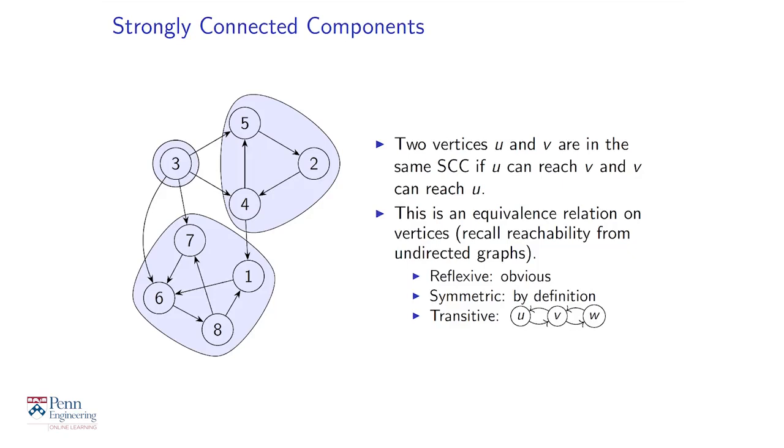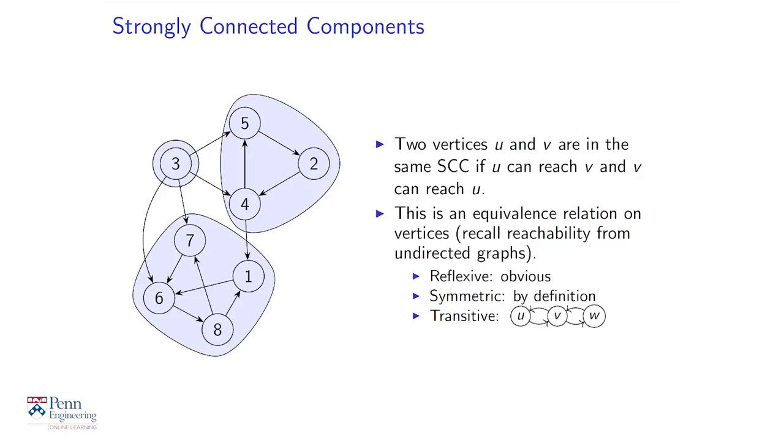So when these three things happen, when a relation is reflexive, symmetric, and transitive, we call it an equivalence relation, and it basically divides the objects on which the relation is defined, in this case the vertices of the graph, into sets, which are called the equivalence classes, so that two vertices are in the relation if and only if they are in the same set.